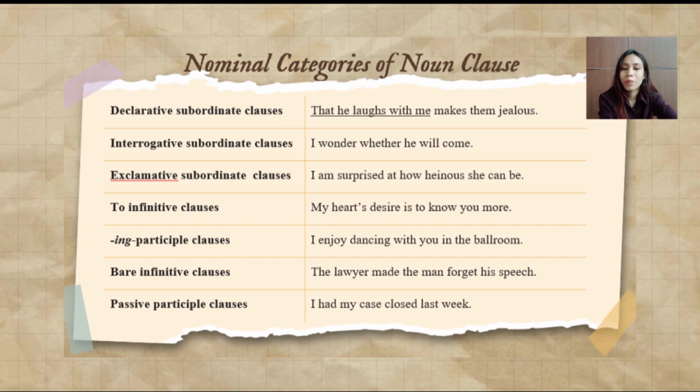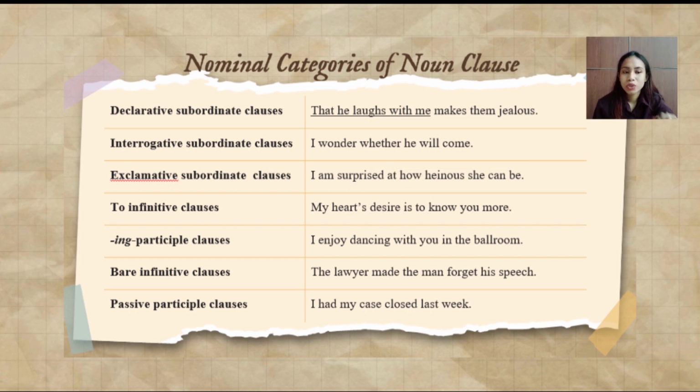Whether he will come is known as interrogative subordinate clauses. The next one, exclamative subordinate clauses. The example is: I'm surprised at how heinous she can be. How heinous she can be is known as exclamative subordinate clause.